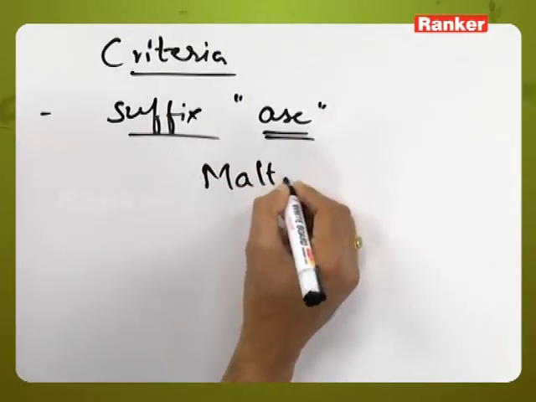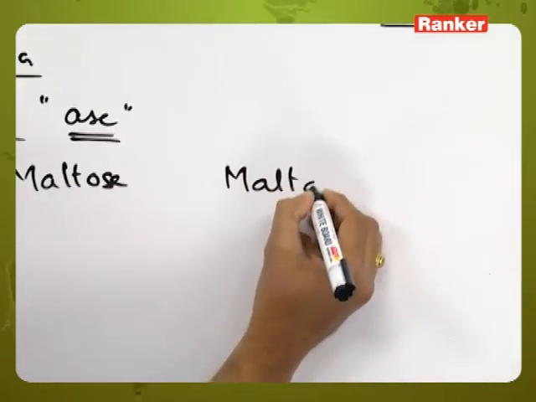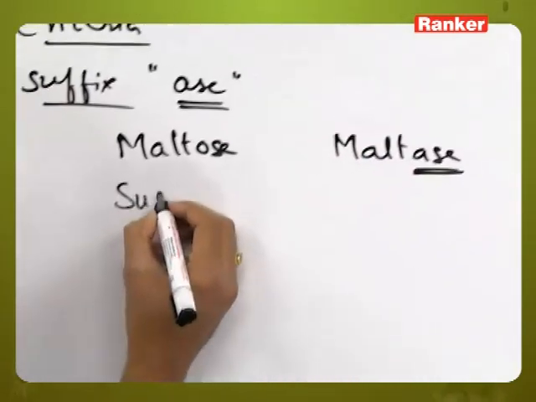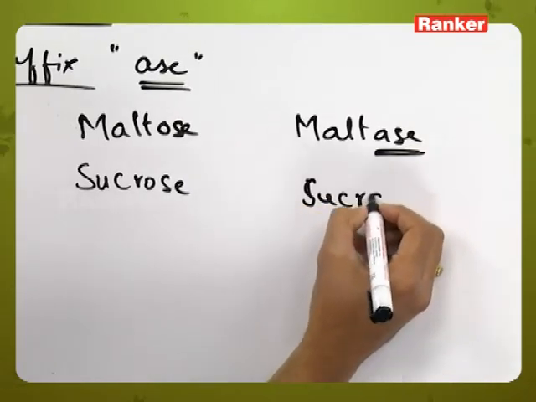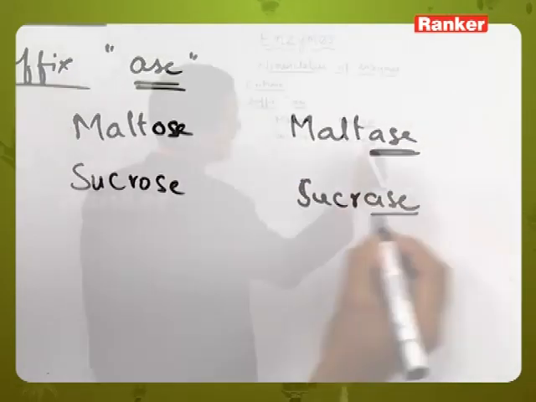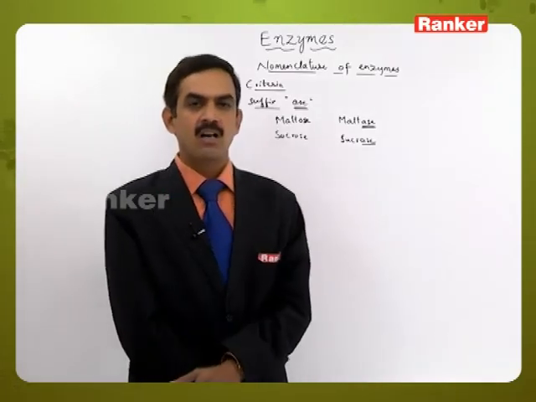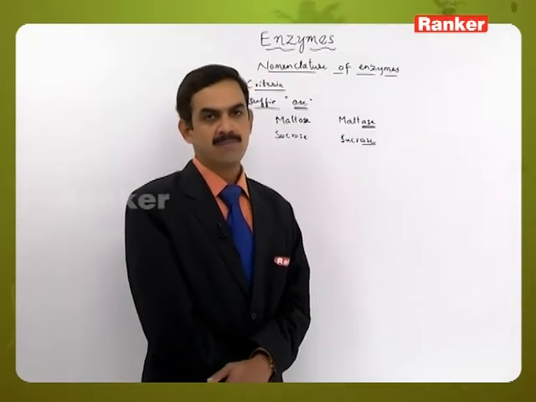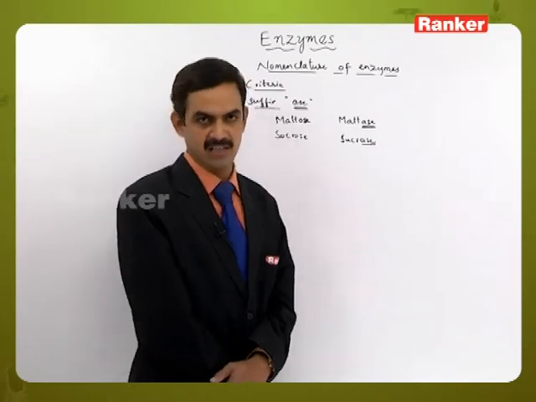If it is acting on a maltose compound, the name of that enzyme is maltase, that is, it is ending with "ase". If it is acting on a sucrose molecule, the enzyme is called sucrase enzyme. Likewise, every enzyme is named by adding "ase" as a suffix to the name of the compound or the substrate on which the enzyme is acting.